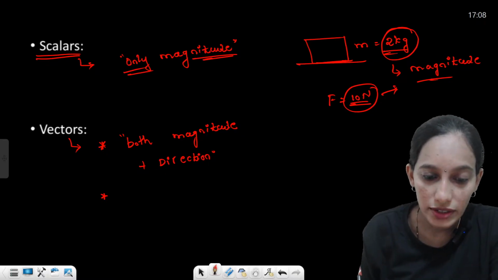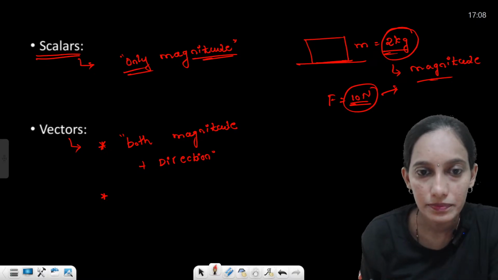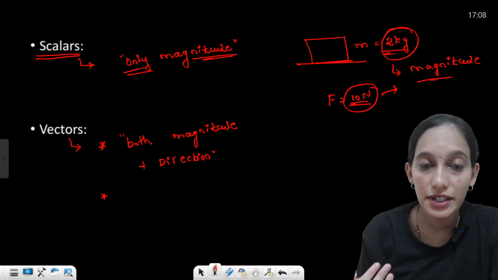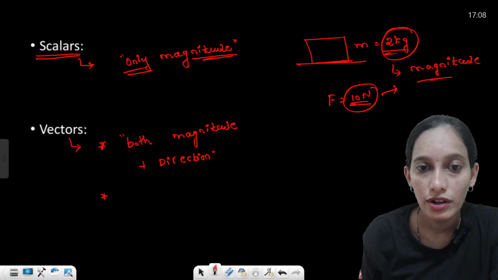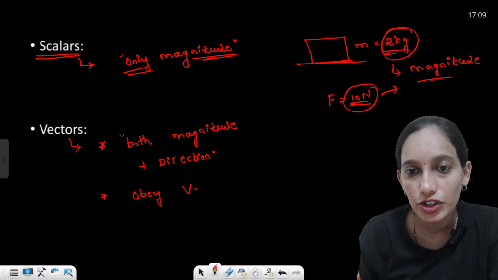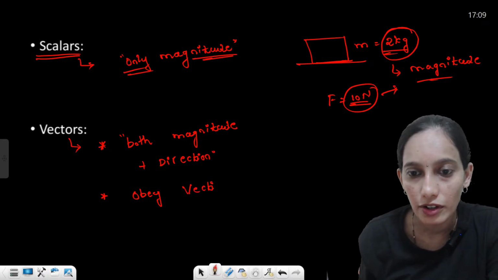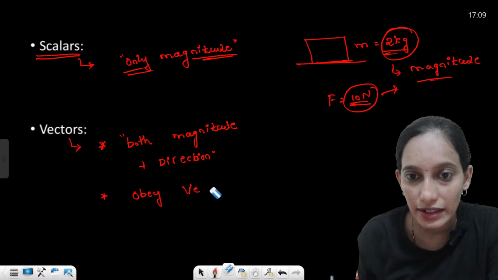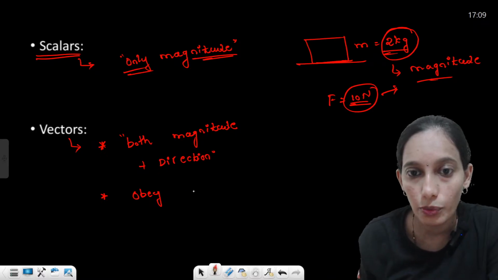So what is that? Vectors are the quantities which obey the vector addition principle. So they will follow vector addition.